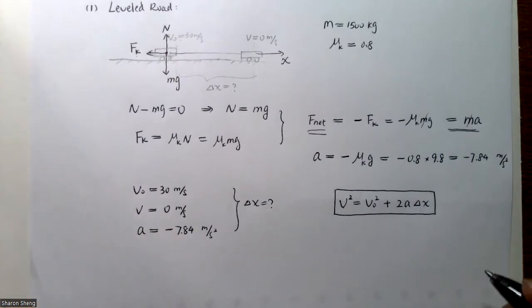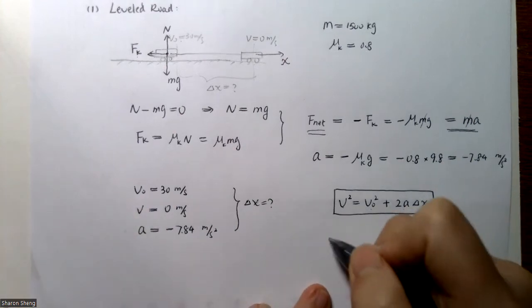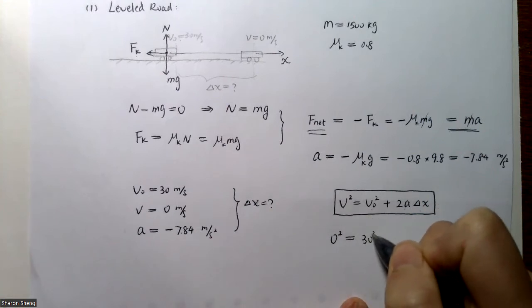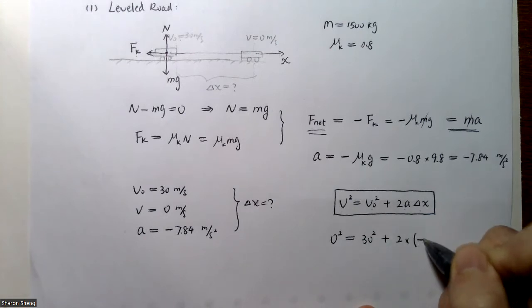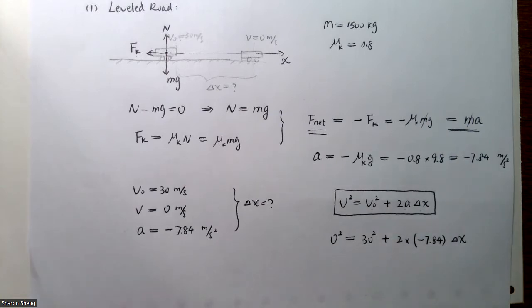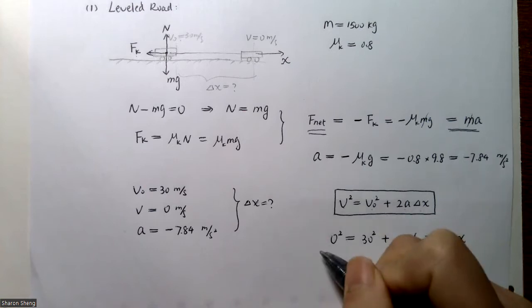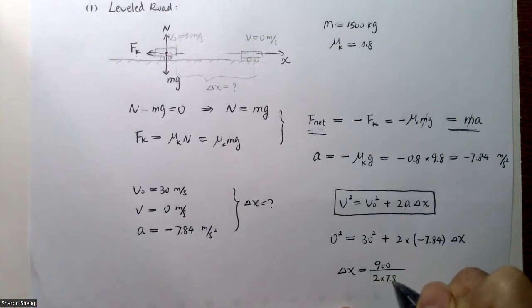So now to solve this problem, just plug what we have into the formula. I have 0 squared, final velocity squared, equals 30 squared, initial velocity squared, plus 2 times a, and a is, don't forget, negative 7.84, times the displacement, delta x. Solve the equation. Delta x is the only unknown, so moving this term to the left, delta x equals 900 over 2 times 7.84.